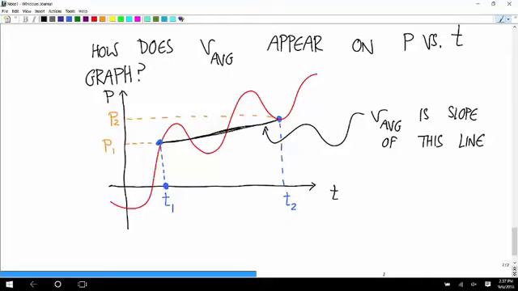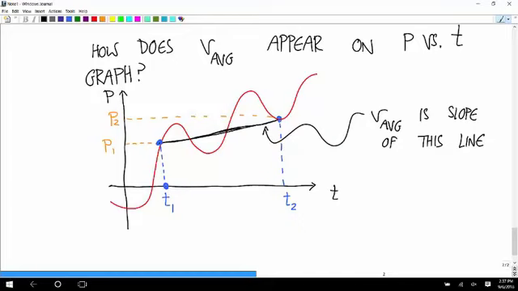You're going from P1 to P2. So the rise is just P2 minus P1. And that's the numerator of that formula for the average velocity. And the run is just this distance. So that's T2 minus T1. And that's the denominator of the formula.